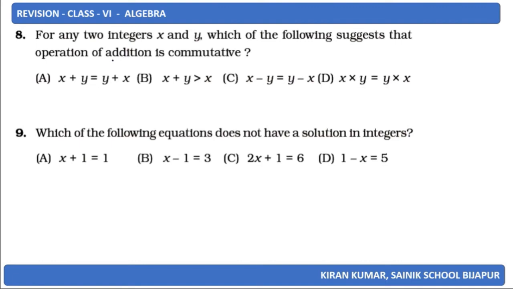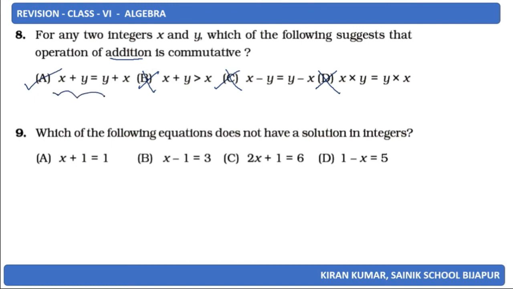Here it is the operation of addition, so this is not possible. This one is also not possible. For a commutative property, when two variables are there on the left side, there should be two variables on the right side also. Here on the left side there are two variables, on the right side only one variable, so this is also ruled out.